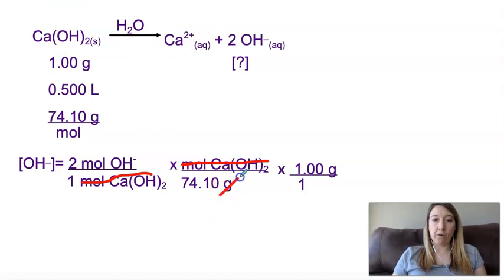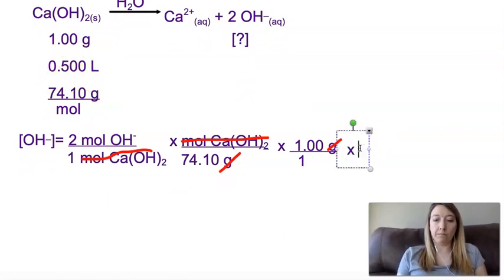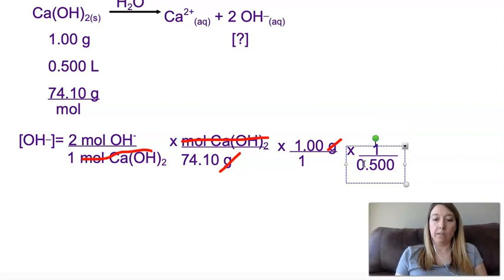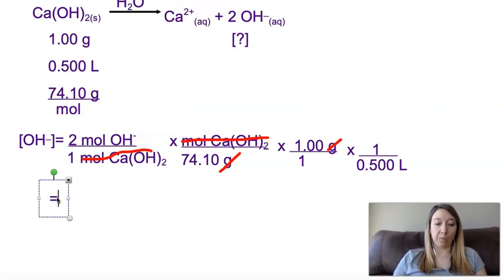Now when I look at it, my grams can cancel. Now I just have moles of hydroxide. I need to introduce the liters, so we're going to do times 1 over, and then we'll place our liters down here. Now when we look at all our units, they've all canceled except moles of hydroxide per liter, so we know that we have set up our equation properly.